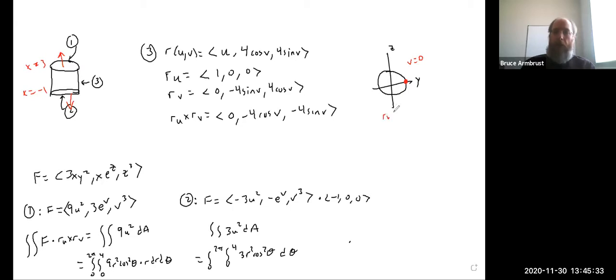We're going to get RU cross RV to be 0, minus 4, 0. All right, so that points solely in the Y direction, but points negative. So that thing's actually pointing towards the interior. We need it to be pointing exterior.